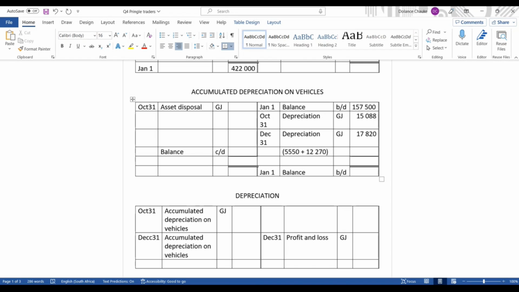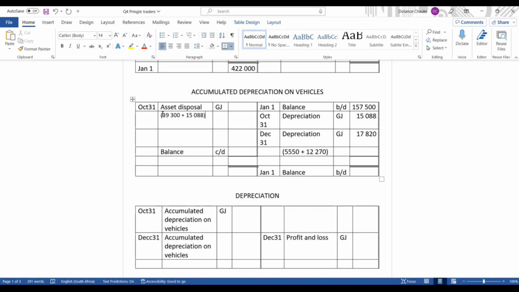So when we come here on the debit side, we need to record the accumulated depreciation of the disposed. The total accumulated depreciation, like we're going to record depreciation for last year and this year. I don't know if I make sense. Meaning we're going to record the one at the beginning, let me open brackets, 39,300 plus the one that we calculated this year, which is 15,088, because it was disposed.